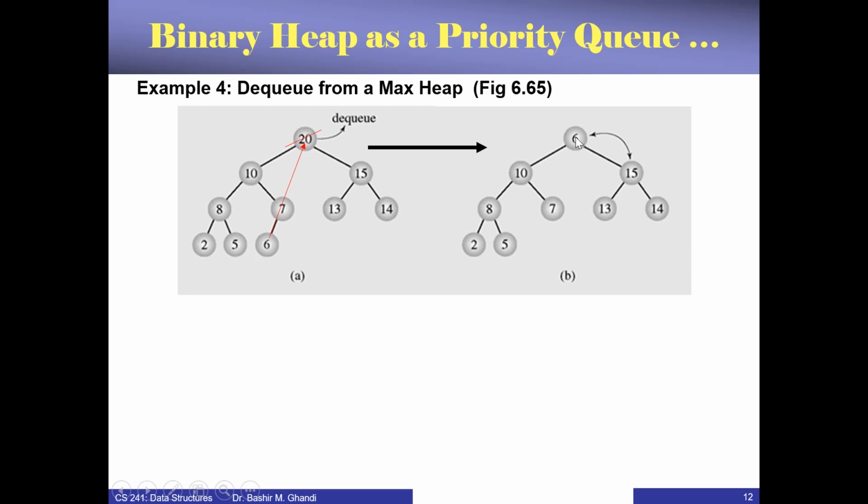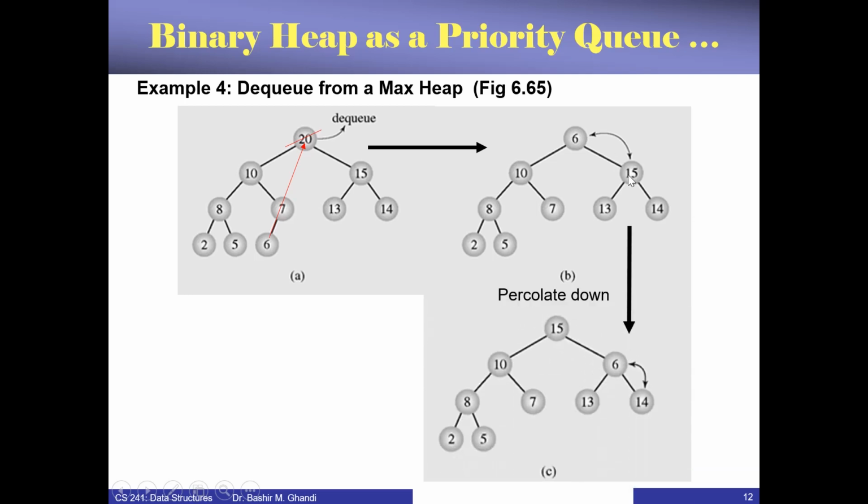Keep comparing it with its two children and swap until it reaches the correct place or until it becomes a leaf node. Here the swapping should be done with the larger of the two children because it is a max heap we are dealing with. So the two children 10 and 15, which is larger? 15 is larger. So 15 will go to replace the 6, and 6 will come down here.